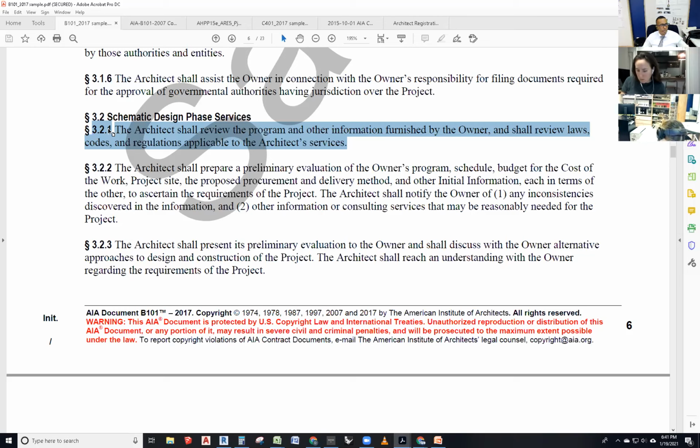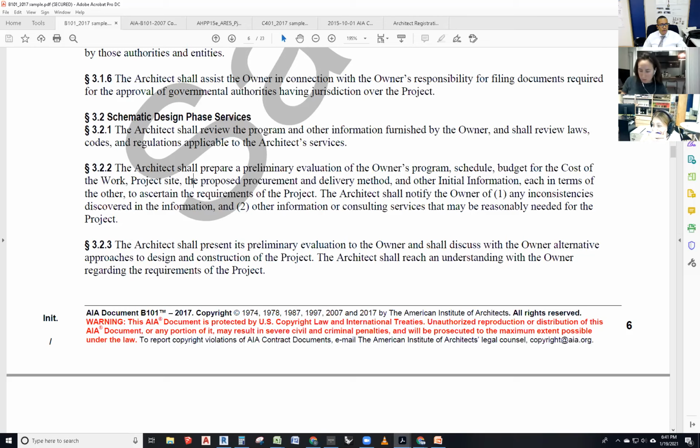Makes sense, right? So section 3.2.2 says the architect shall prepare a preliminary evaluation of the owner's program, schedule, budget for the cost of the work, project site, the proposed procurement and delivery method, and other initial information, each in terms of the other, to ascertain the requirements of the project.